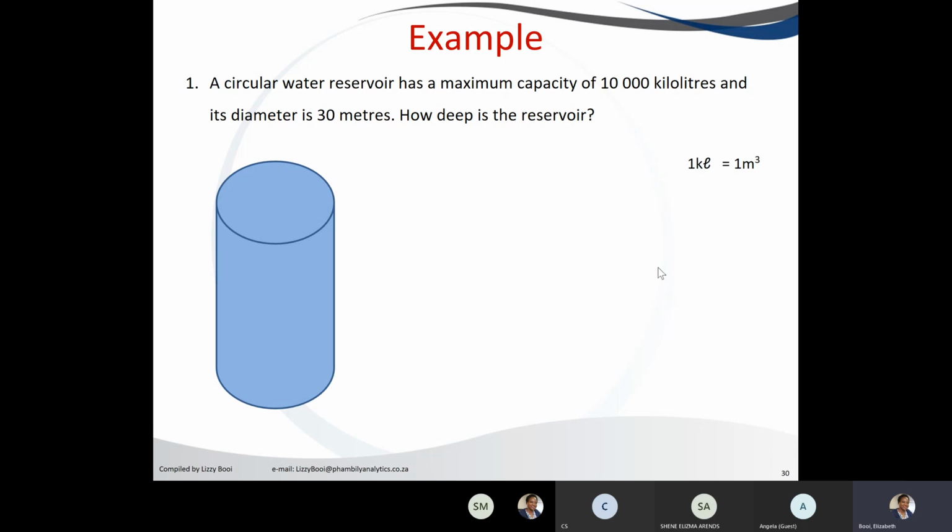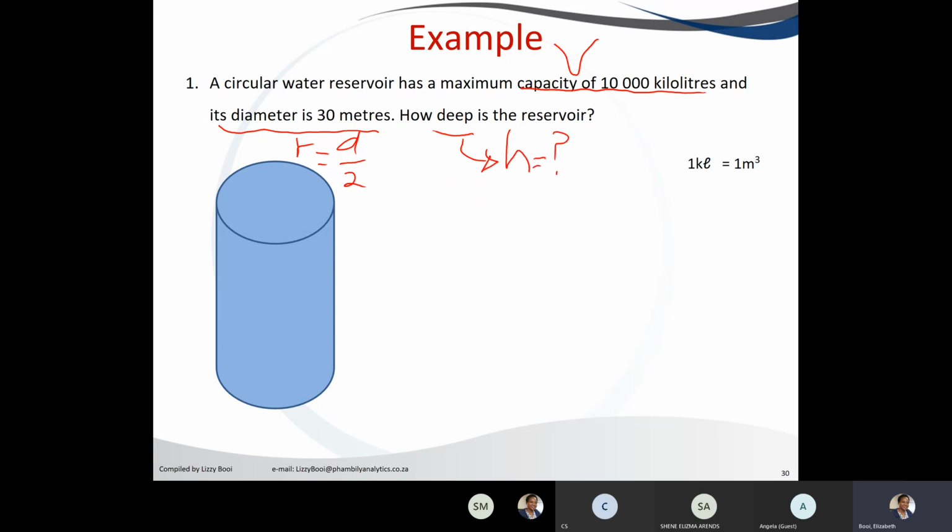They tell you the capacity, which is the volume. The capacity is in kiloliters. They also give you the diameter, which we can use later on to find the radius, which is the diameter divided by 2. And they're also asking you how deep. Therefore, they are asking you what the height is.